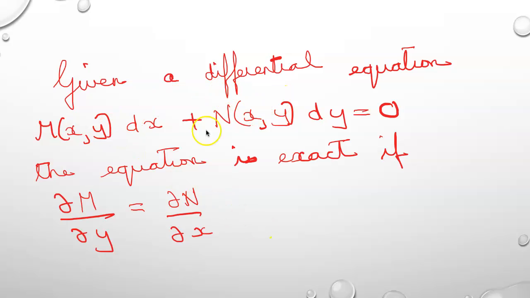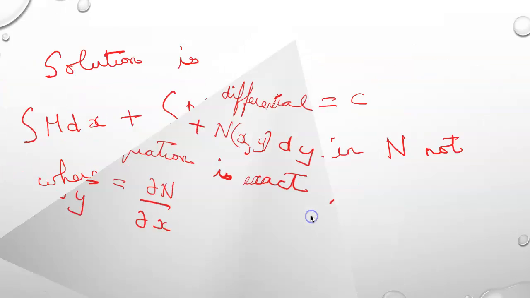So, given a differential equation M(x,y) dx plus N(x,y) dy equal to 0, the equation is exact if the partial derivative of M with respect to y equals the partial derivative of N with respect to x. So when is it exact? If the partial derivative of M with respect to y equals the partial derivative of N with respect to x.